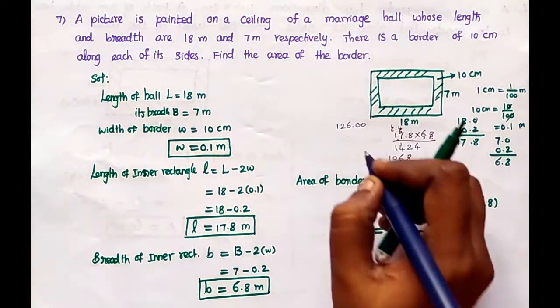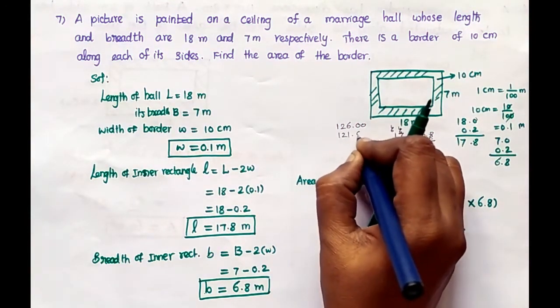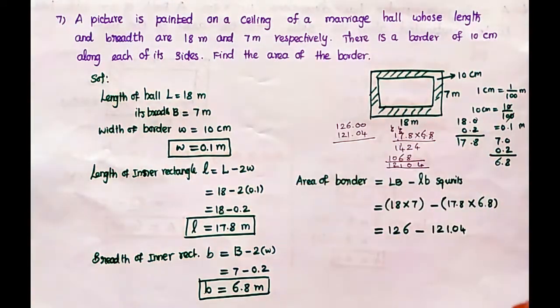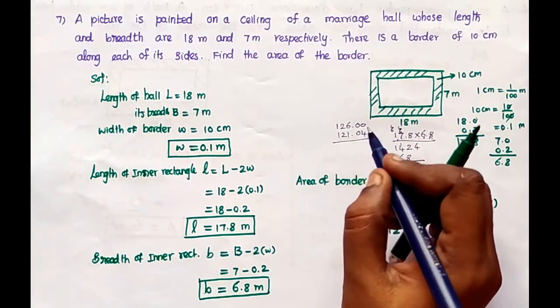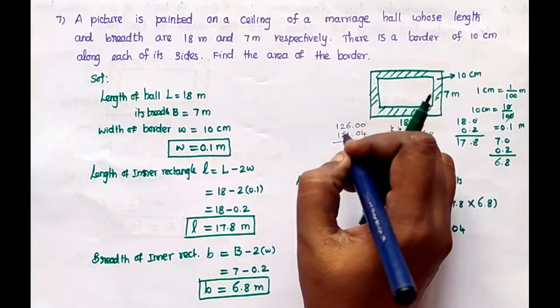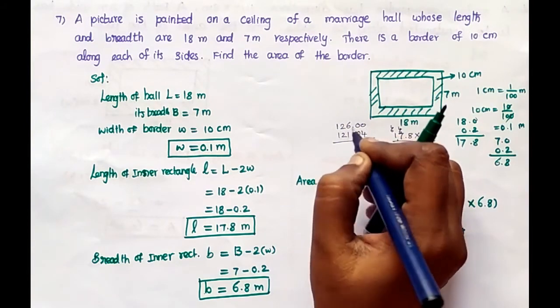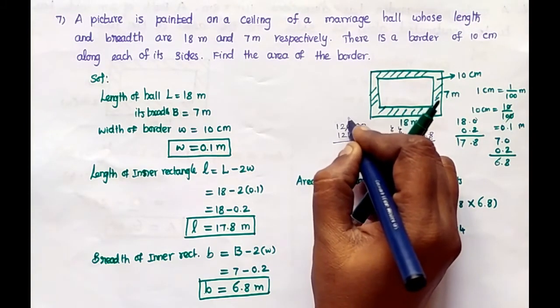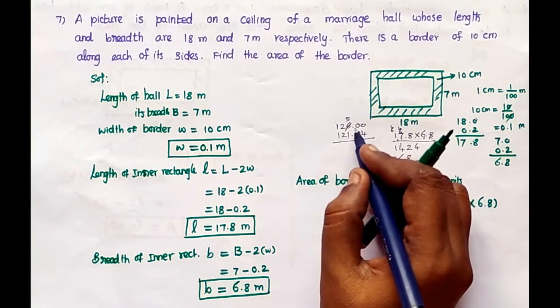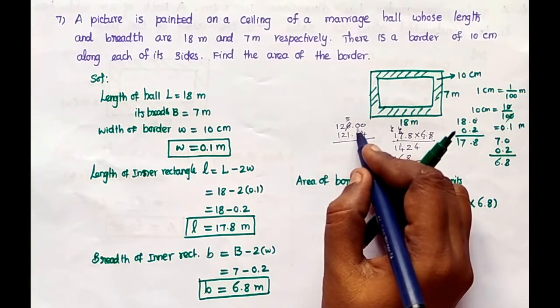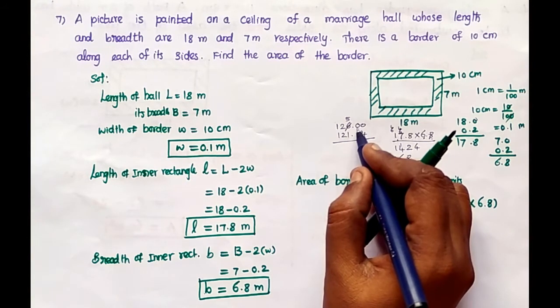Now 126.00 minus 121.04. Here nothing is there, so put 0. 0 minus 4 is not possible, so from here we have to borrow. Here 9, it becomes 10.